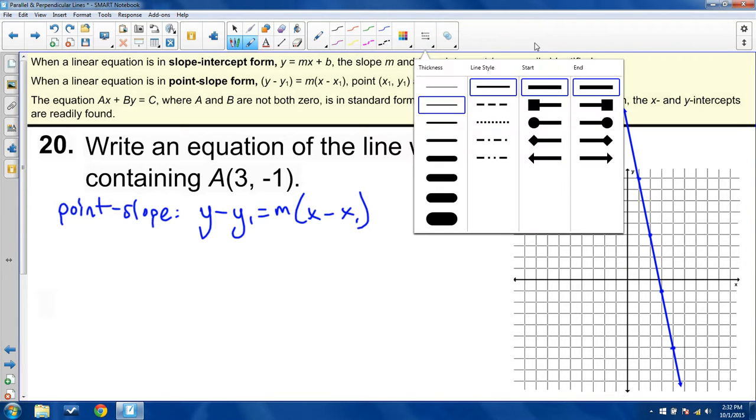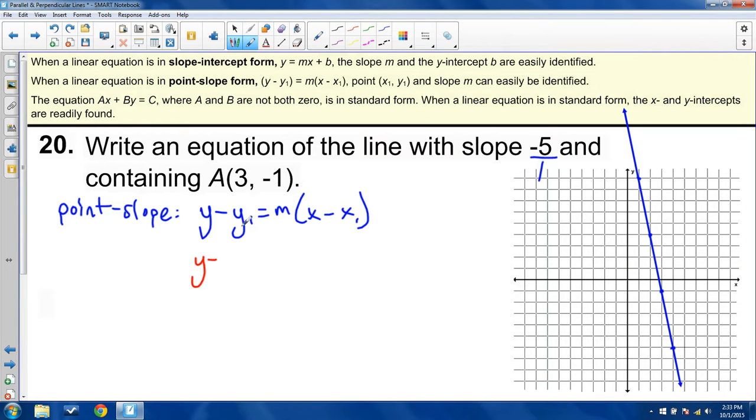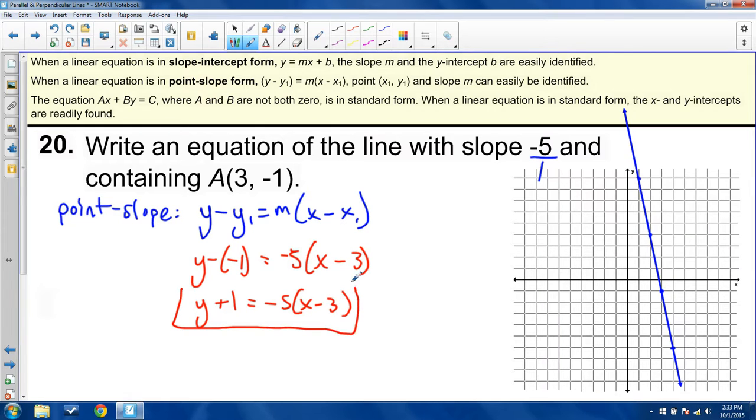So that's y minus -1, because remember the minus is in front of the y1, and that's our y1 value, equals -5 times x minus 3. So when I change this to y plus 1 equals -5 times x minus 3, that is a perfectly acceptable equation right there. It's in point-slope form. You did what you needed to do. You're good. You're set. And you could stop.